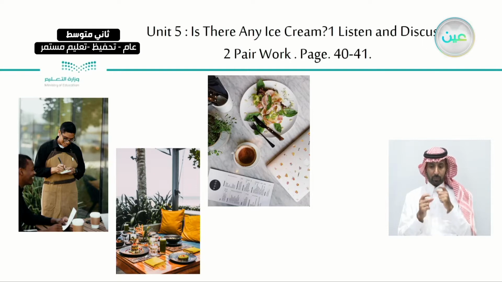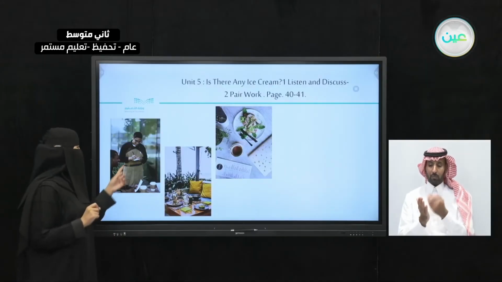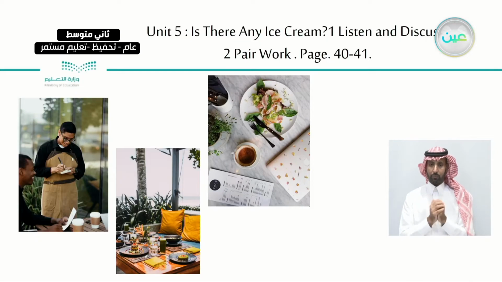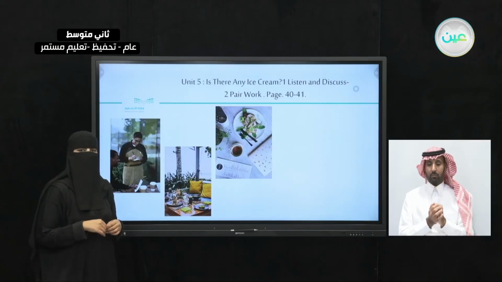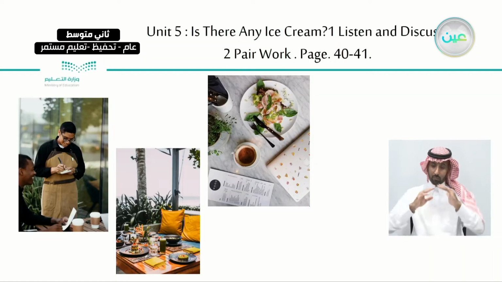So he's wearing an apron, he's writing some notes or the orders, and he's talking to the customers sitting at the table. Now, how about in the second picture? What do you see in this picture? So looks like it's a table from a restaurant. You can see some plates and food on that table.